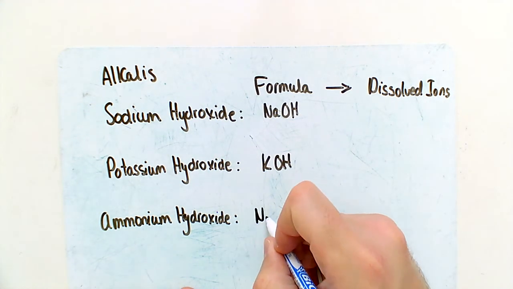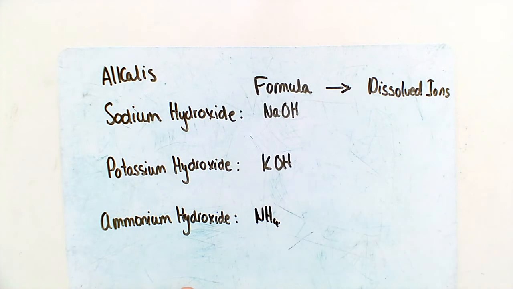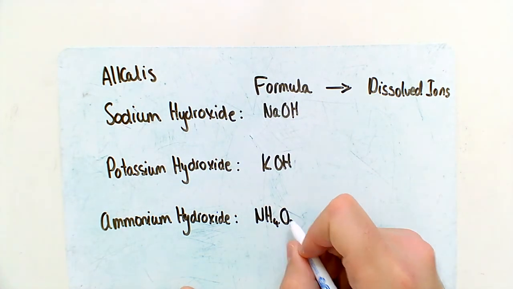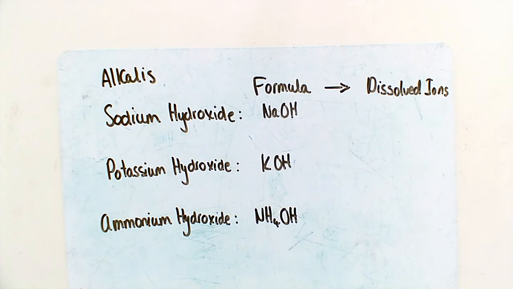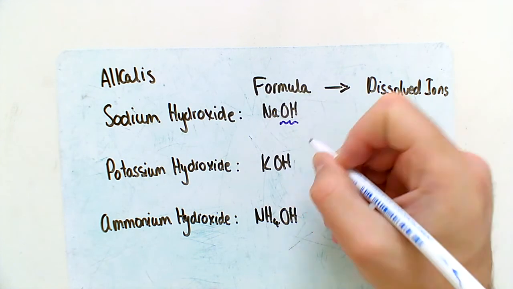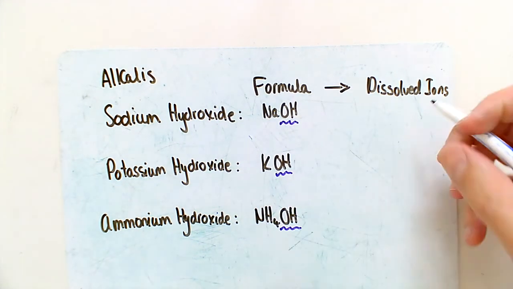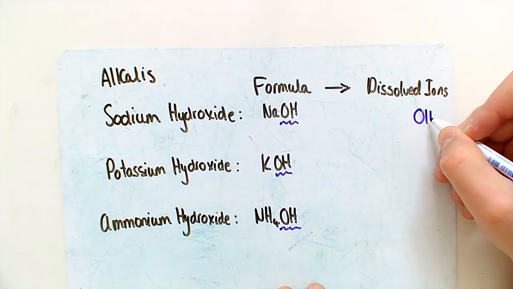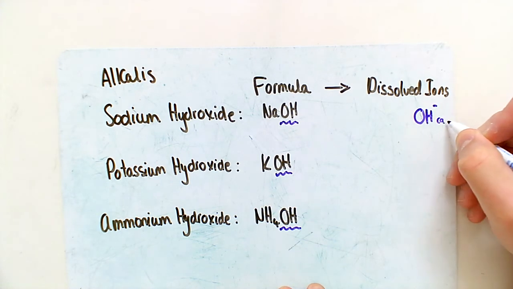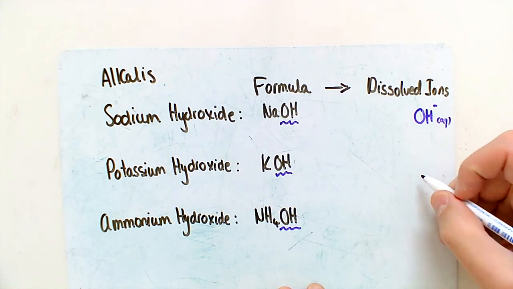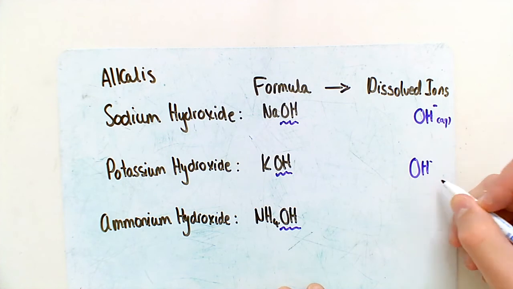You'll see that it is NH4, and it also has a valency of 1, and hydroxide has a valency of 1, so it's like that. Those are the formulas. And you'll notice that in each one, you've got this OH ion. And that means in every single one of these, whenever it dissolves, we get the hydroxide ion being produced.